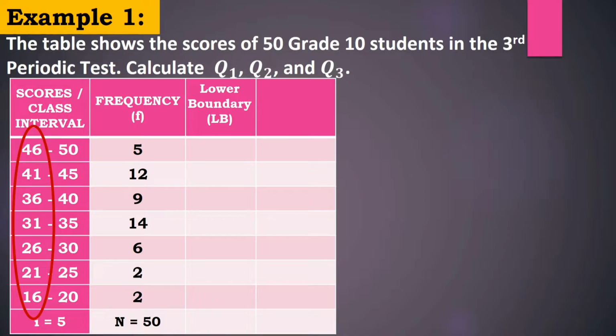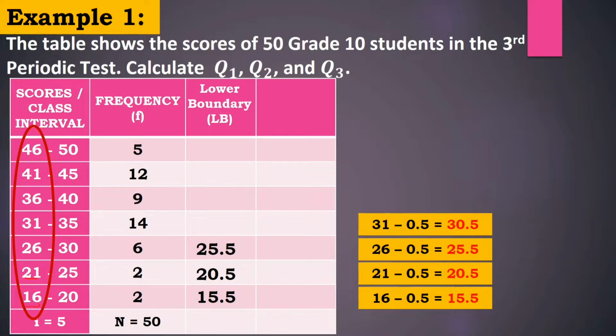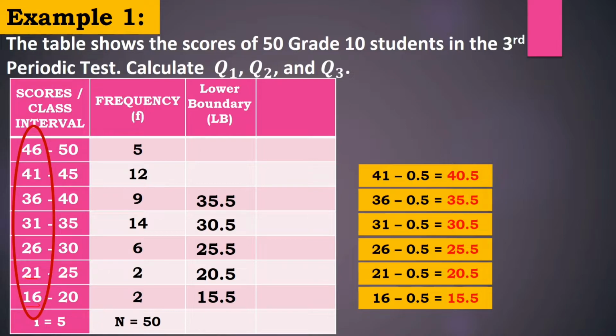lower limit. So first is 16. 16 minus 0.5 is 15.5. 21 minus 0.5 is 20.5. 26 minus 0.5 is 25.5. 31 minus 0.5 is 30.5. 36 minus 0.5 is 35.5. 41 minus 0.5 is 40.5.